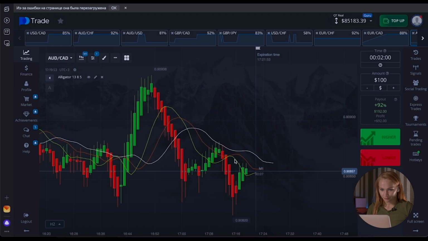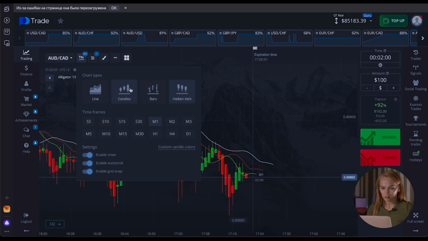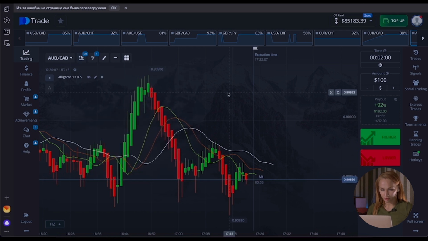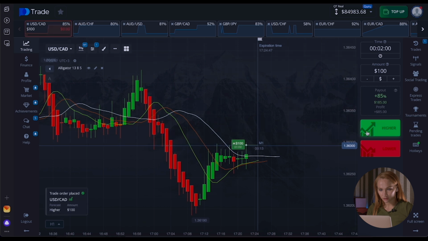So, as I've mentioned, we trade using common candles or bars. I prefer Heikin Ashi, the Japanese ones. Okay, let's begin. Let's open a deal of currency pair USD CAD for $100 for a minute.